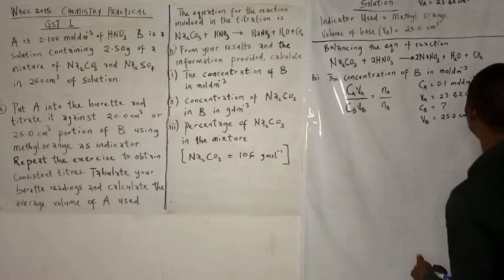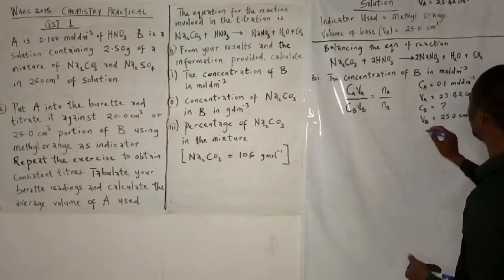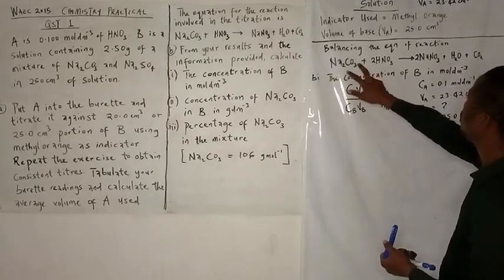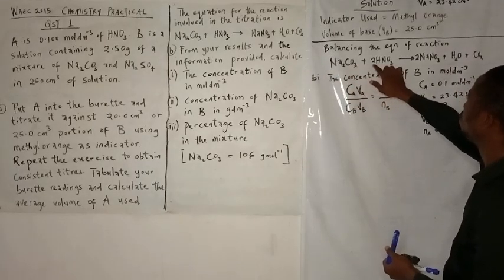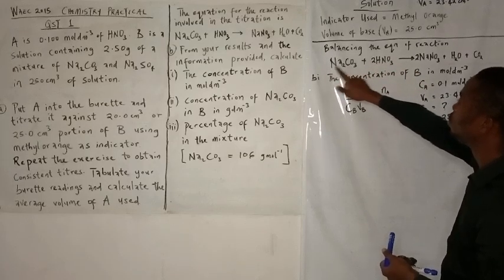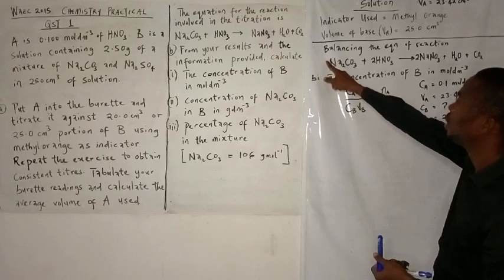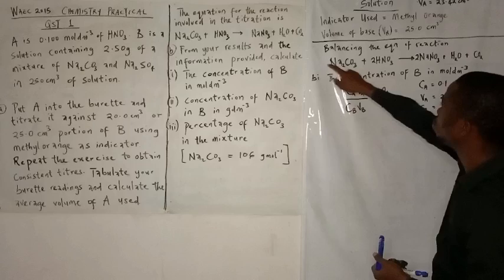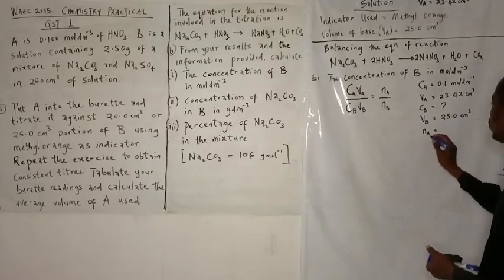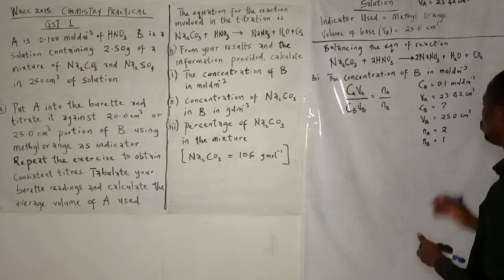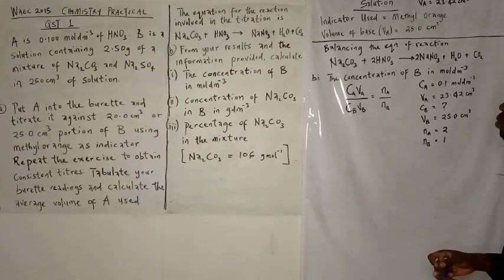Now when we look at the acid and the base, this equation tells us that we need 2 moles of the acid to react with 1 mole of the base, because there is no number here, so we know that it is 1. The ratio of combination of the acid to base is 2:1. So the number of moles for the acid, we will take to be 2, and for the base we will take to be 1, as we express them in ratio.